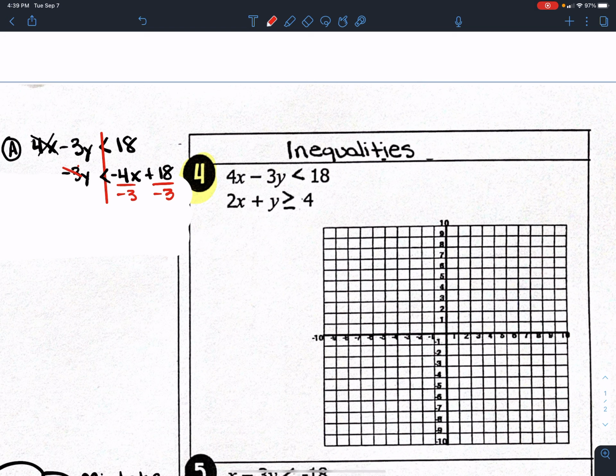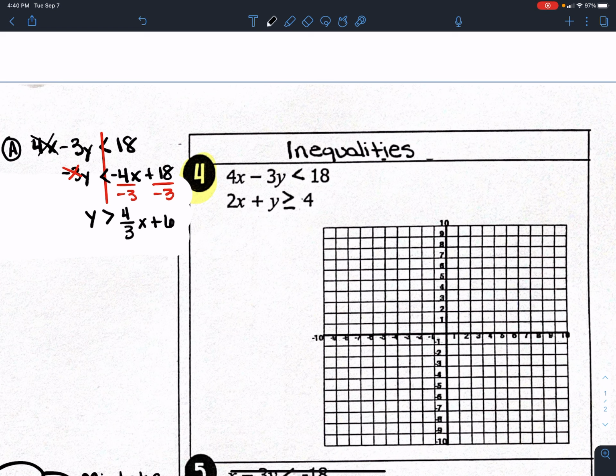Okay, so I don't need it on the left side anymore. But when I divide by a negative number, we have to flip the inequality. Negative divided by a negative is a positive, so I have 4/3x, and 18 divided by -3 gives me +6.